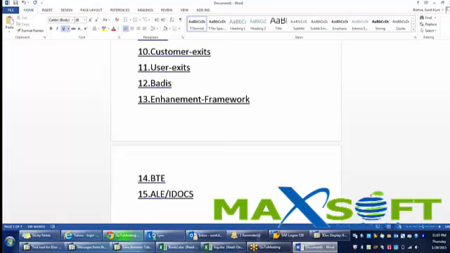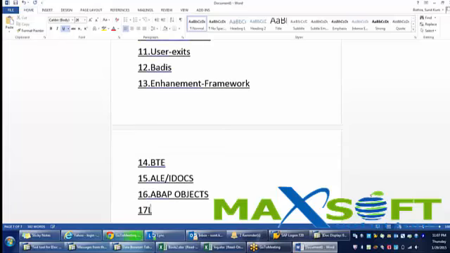To connect those business processes, we can use ADOPs. Then we'll be covering objects, meaning object oriented ABAP, in detail. Then there is performance tuning, of course. You might be knowing all these terms.